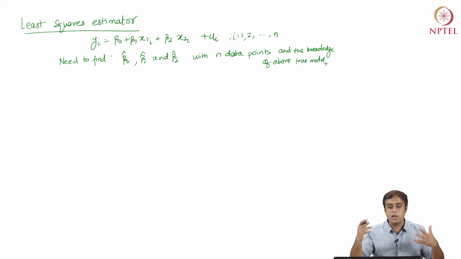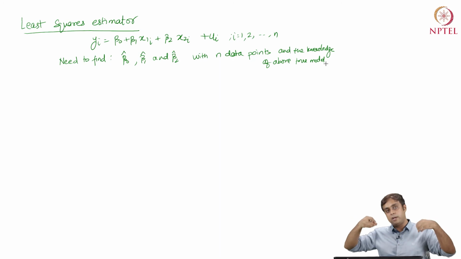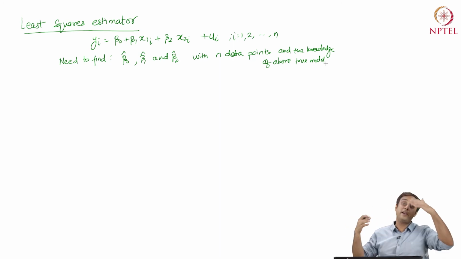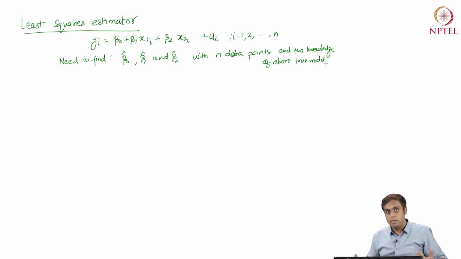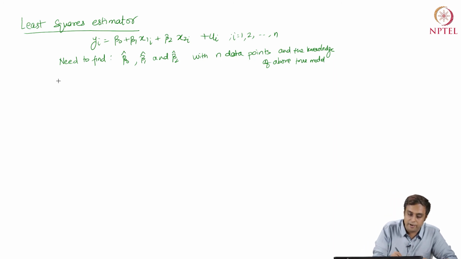The true model gives me the parameters to be estimated, and it also gives me the specification that both x1 and x2 enter as linear regressors, and there is a constant of ones, and there are 3 coefficient parameters, beta 0, beta 1 and beta 2, to be estimated. So the least squares estimator algorithm is to minimize what is called the sum of squared errors.